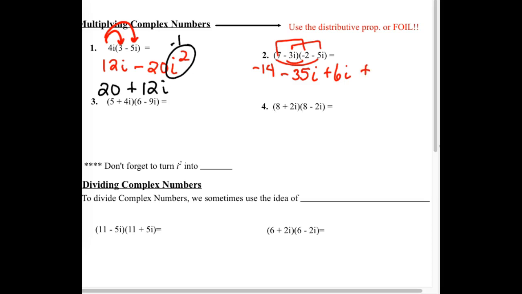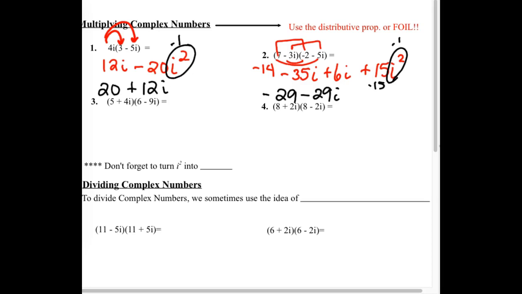So positive 3 times 5 is 15. i times i is i squared. But again, the i squared is a negative 1, which makes this whole piece negative 15. What's negative 15 plus negative 14? Okay, and then the imaginary pieces, we have a negative 35 plus 6 would be negative 29i.